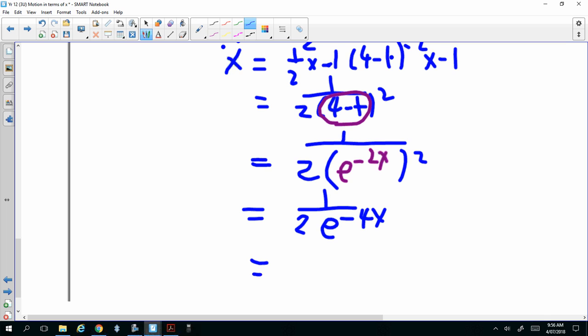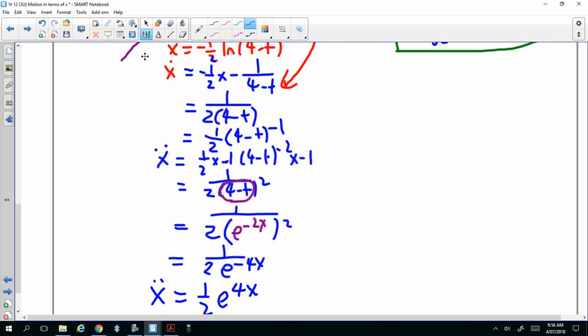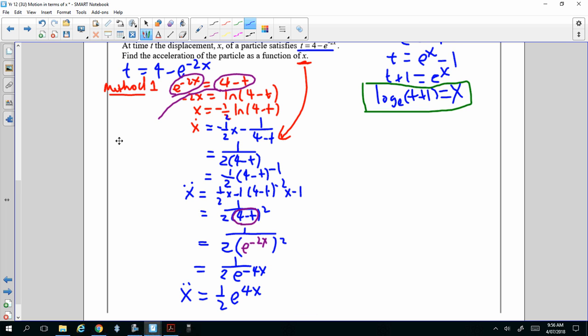All right, now I'm going to show you method 2, which is much quicker. So how does method 2 work? Instead of making x the subject, we're going to differentiate with respect to x first.